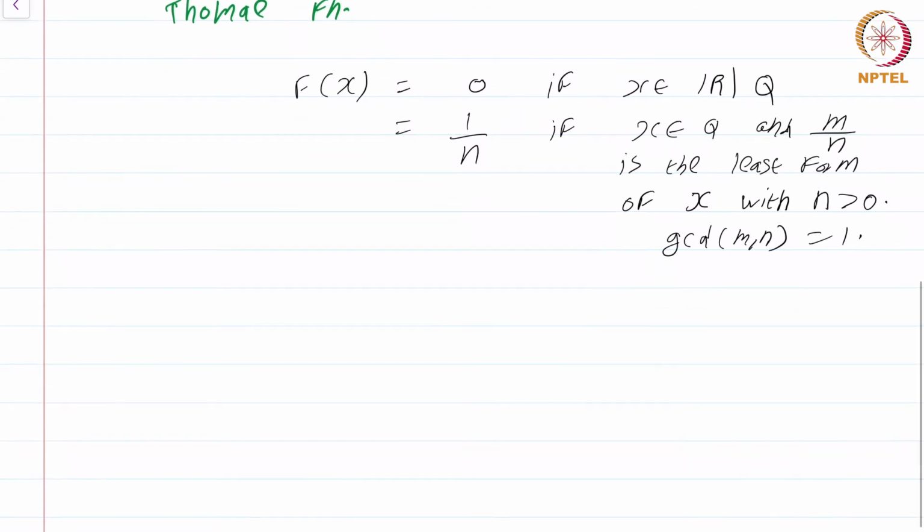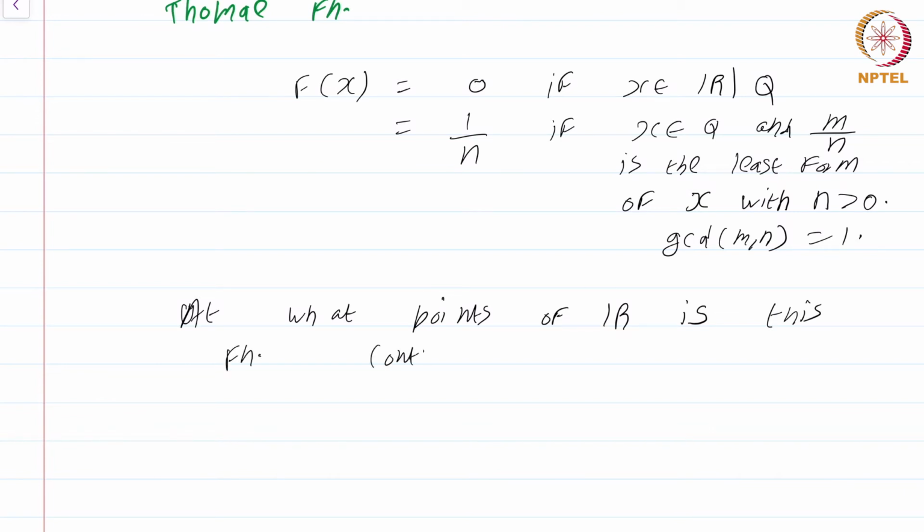Then at what points of R is this function continuous? At precisely what points is it continuous? In other words, what is its set of discontinuity?